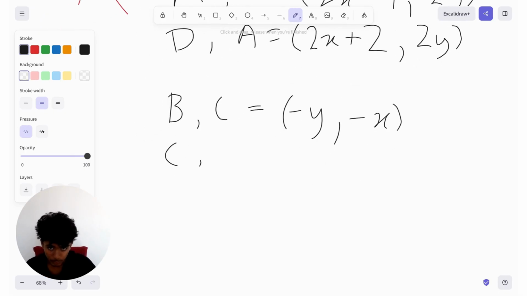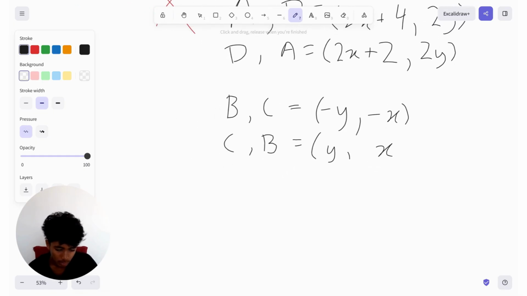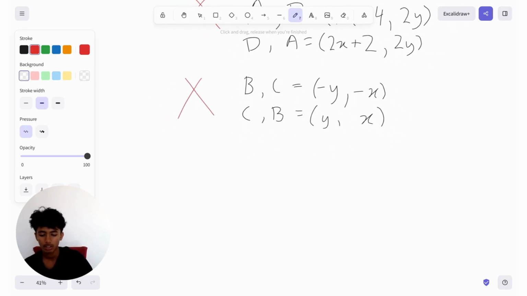And then C and then B would be y comma positive x, since the negatives would cancel out, meaning that this is not commutable either.